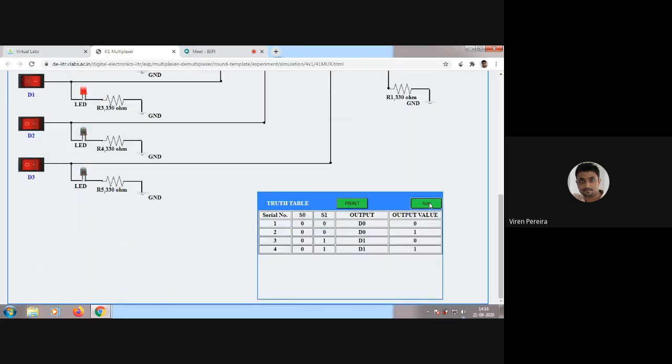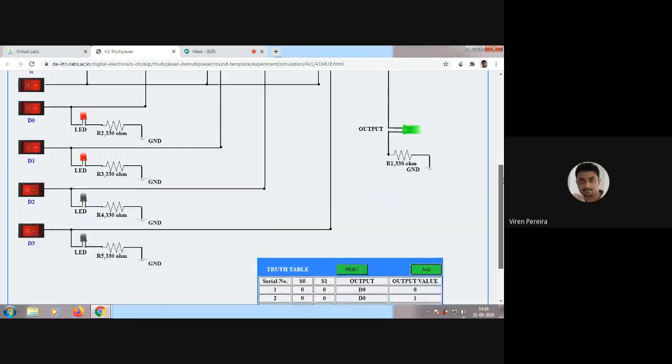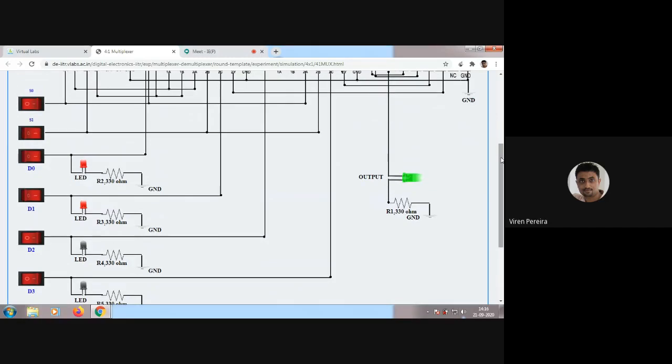Till here, everyone clear? Yes, sir. Okay. So this is how it is done. Now, for the rest of the cases, you all do, and show me the screenshot. Send it on the group.